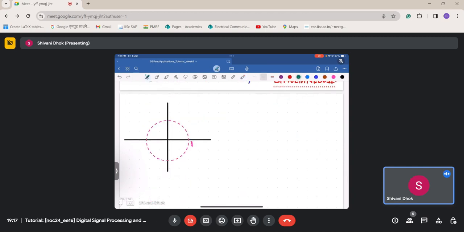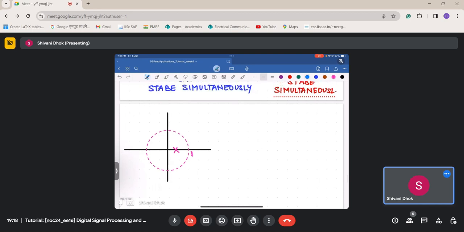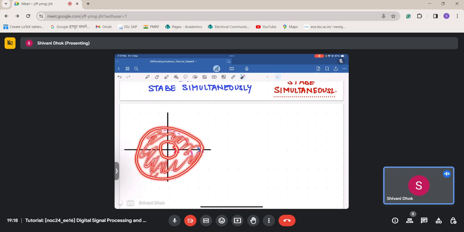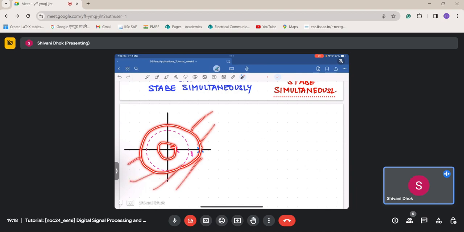So let's have a pole here. When we are having a single pole, we saw that we can find a system that is stable and causal simultaneously. Now suppose I add one more pole which is outside. So now the possible regions of convergence are these. One is this one, which is stable but not causal. Another one is this one, which is outside the outermost pole.